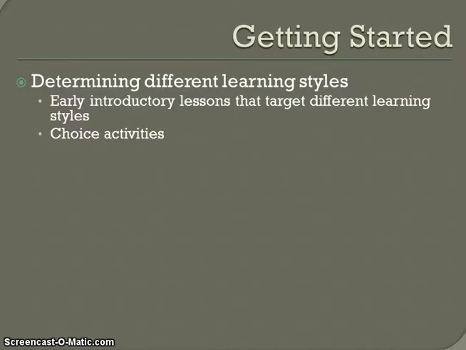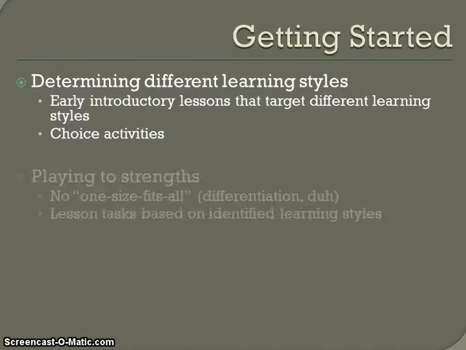That way you can see how students perform on these particular tasks, and use that observation to determine a better idea of what their learning styles are. Also provide choice activities that again are targeted toward different learning styles, and you can observe and record which activities students gravitate towards to give you an idea of what styles they feel more comfortable with.